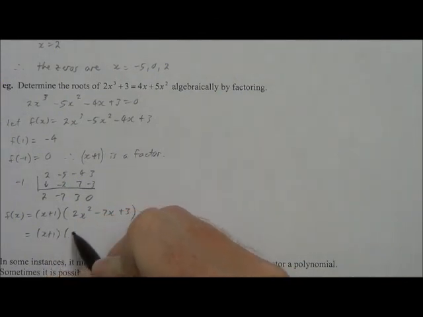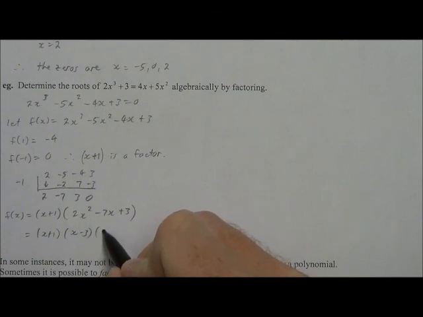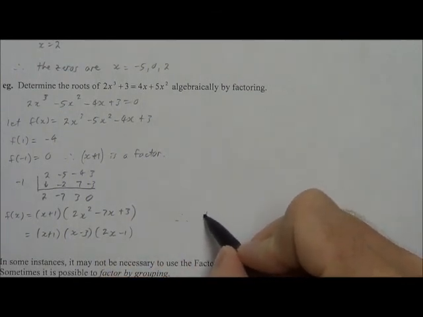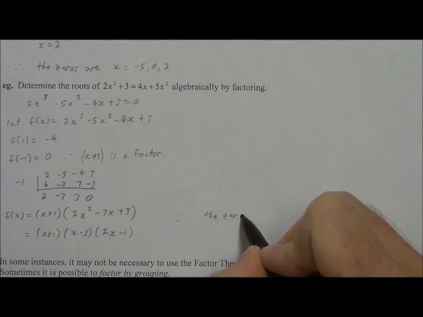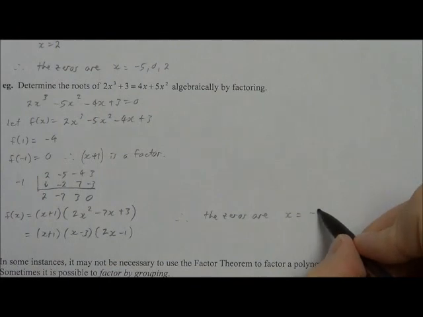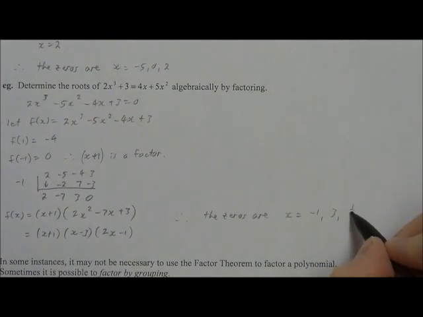So this then results to be x plus 1, x minus 3, and 2x minus 1. So therefore the zeros are x equals negative 1, 3, and 1/2.